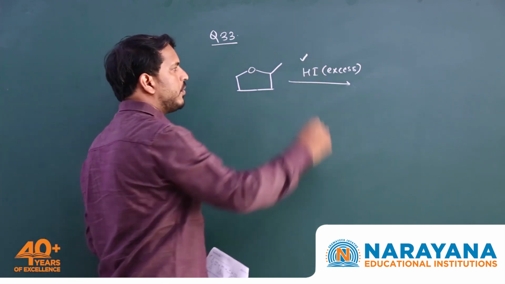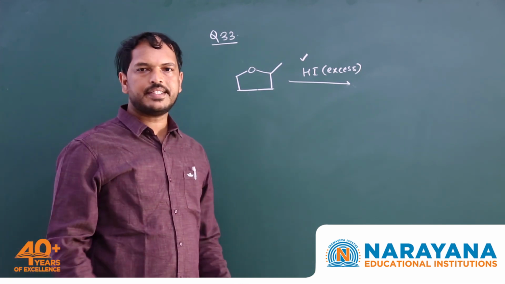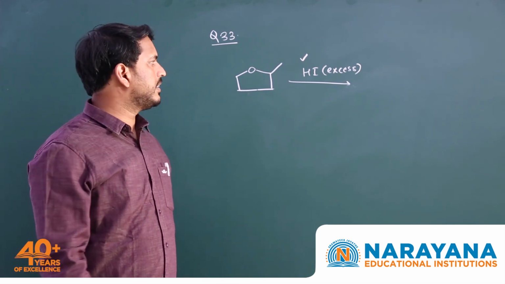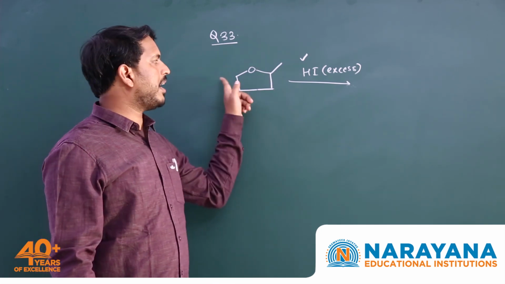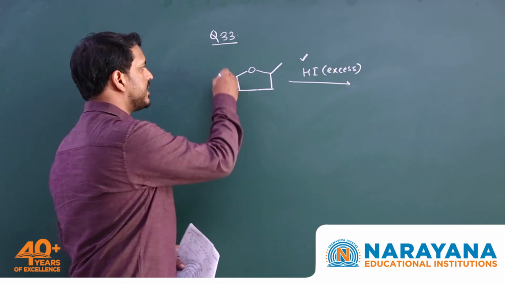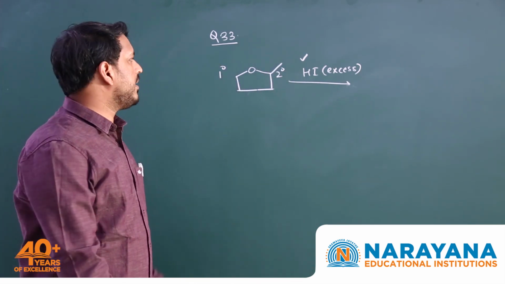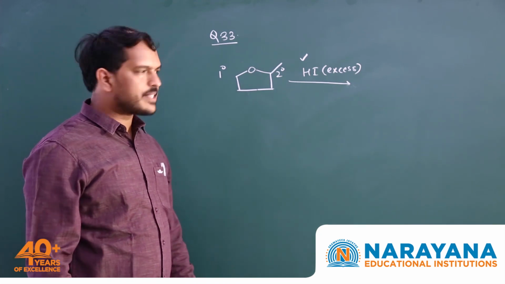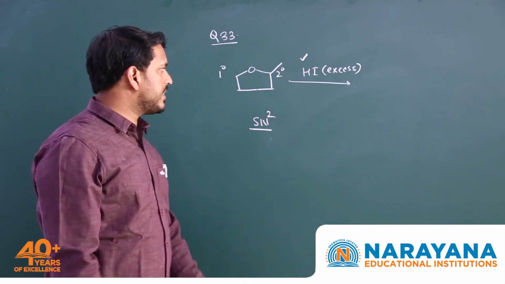With HI there are two reaction paths possible: one is the SN1 reaction, the second is the SN2 reaction. SN1 is possible when a tertiary carbon is there, but in this case only primary and secondary carbons are there. So this is a primary carbon, this is a secondary carbon. So only the SN2 path is possible.